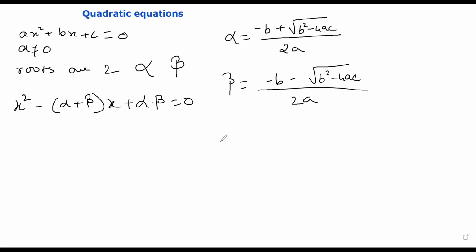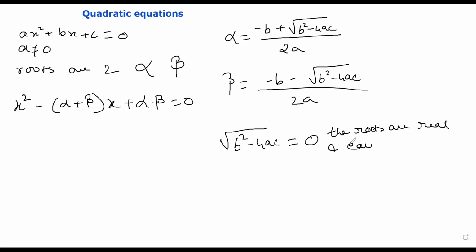Depending upon the value of under root b square minus 4ac, the nature of the quadratic equation is determined. If this is 0, then the nature of the roots is determined: the roots are real and equal.